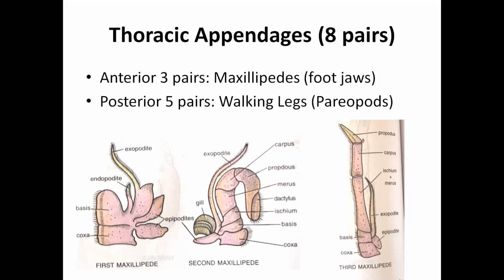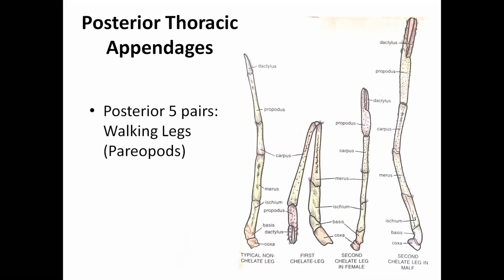Now we will see the 5 pairs of posterior thoracic appendages, which are also known as walking legs or periopods. So here we can see the chelate legs, this is the first chelate leg, and this is the second chelate leg in female and the second chelate leg in male.